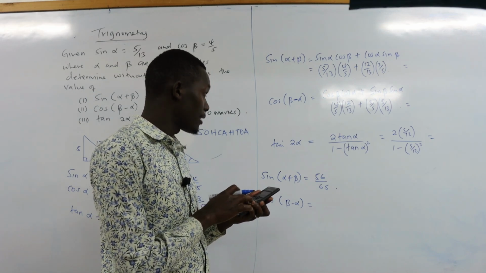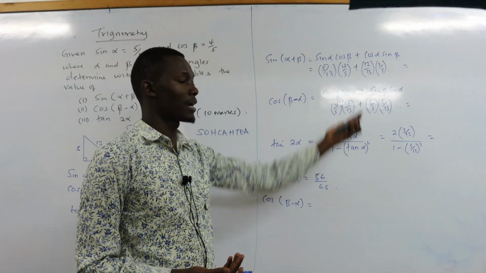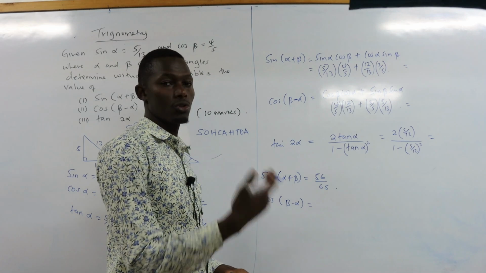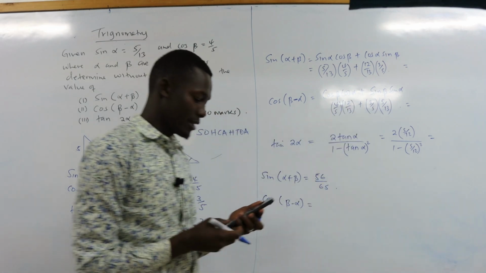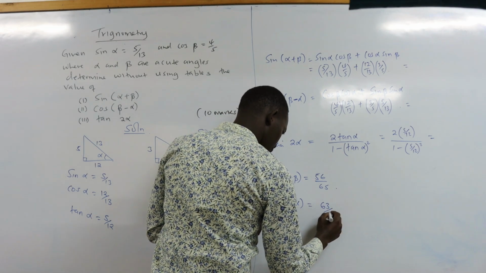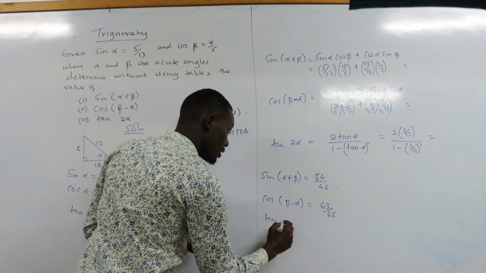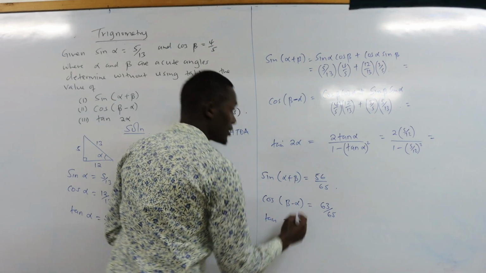Remember, you don't have to always write a multiplication sign between the brackets. Just open, close, the way they have been written there. And this one will be 63/65.